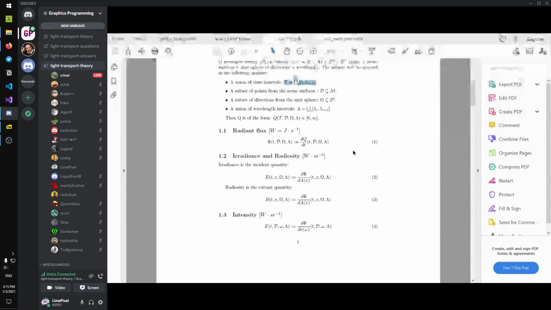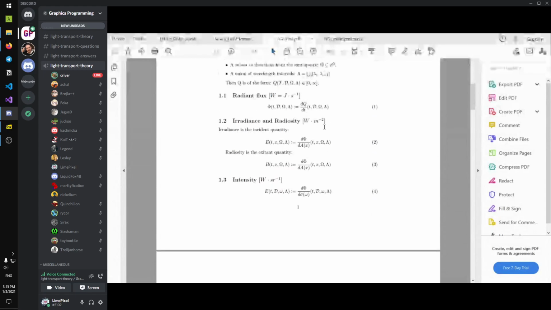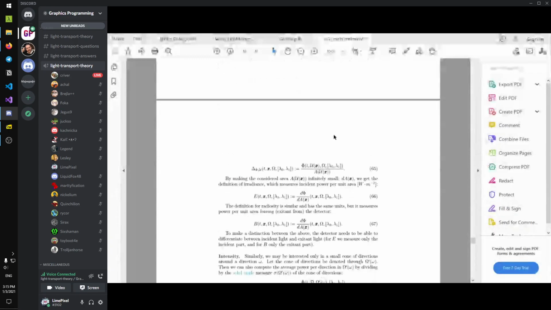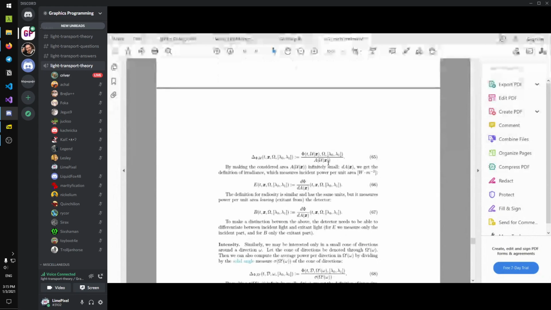Okay, so in a similar fashion, you can define irradiance and radiosity. For irradiance and radiosity, you take the derivative with respect to area. So once again, let's say you take some neighborhood of points, U_x, around the point x, and you divide by this area.